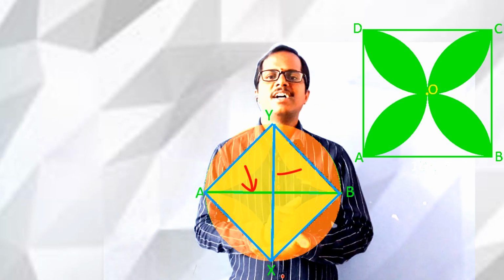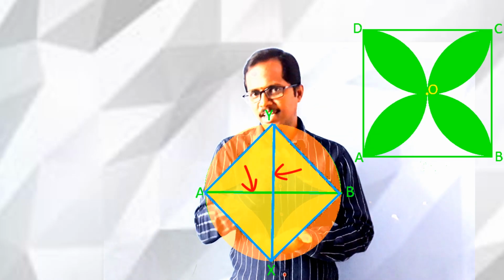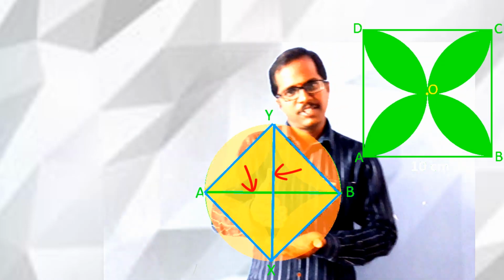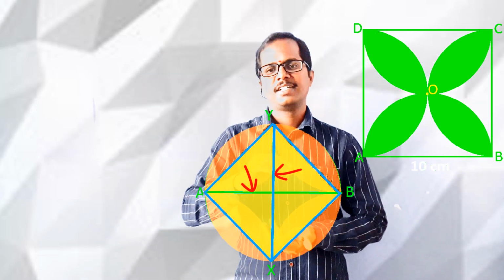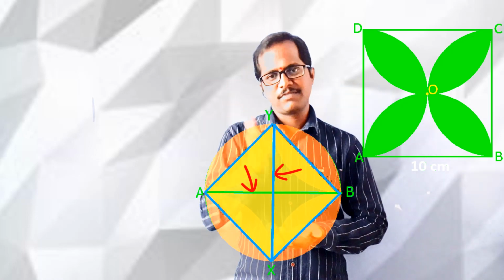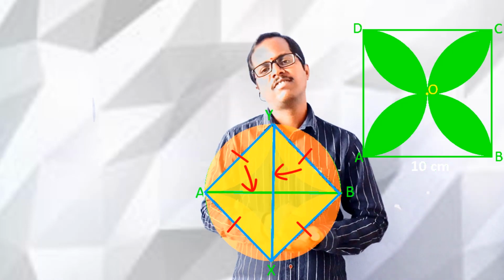And in this quadrilateral, AB and XY are the diagonals and their lengths are equal, since we know their lengths are 10 centimeters. And we can also say that the four sides of this quadrilateral are also equal.